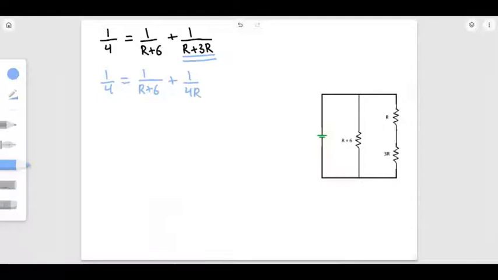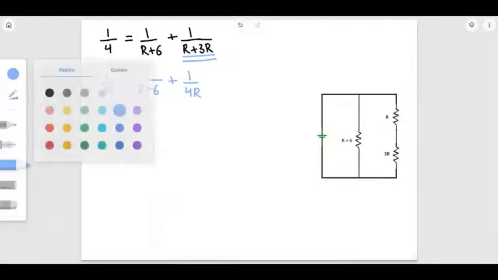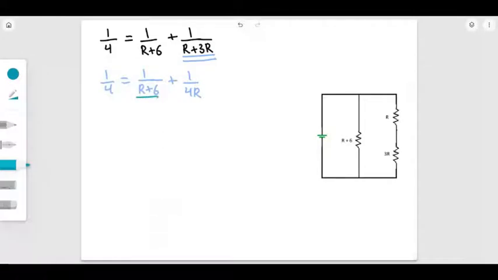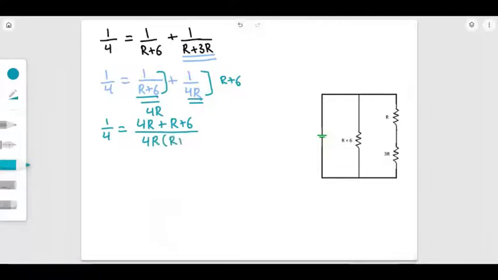In order to solve this equation, we need to have the same denominator. To have that, we're just going to multiply this by 4R and this by R plus 6. So overall, it will give us a product of 4R plus R plus 6 over 4R times R plus 6.